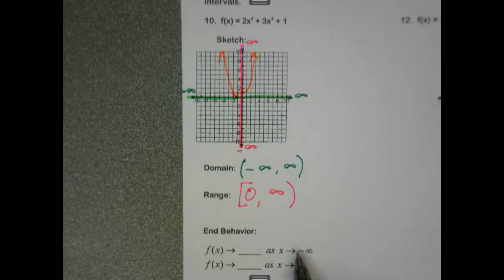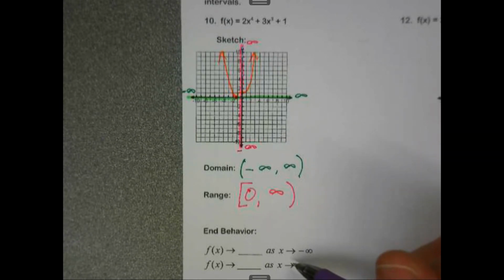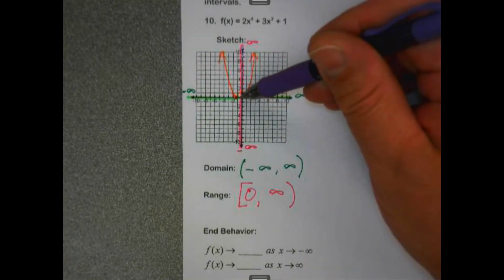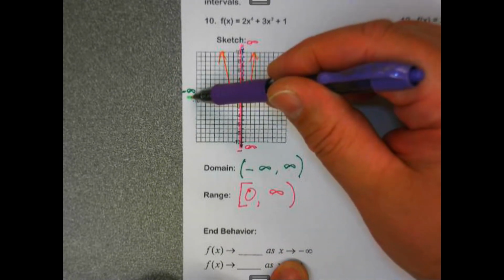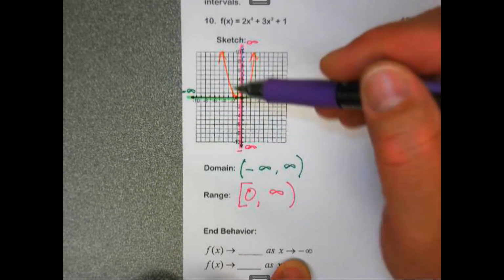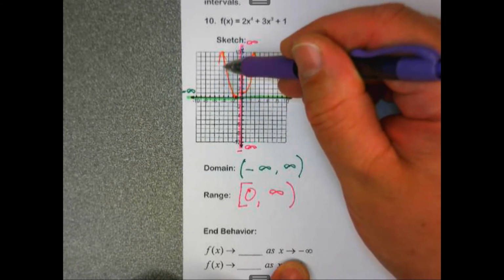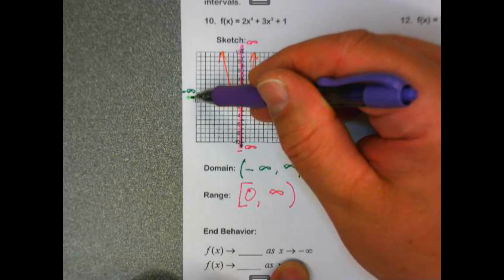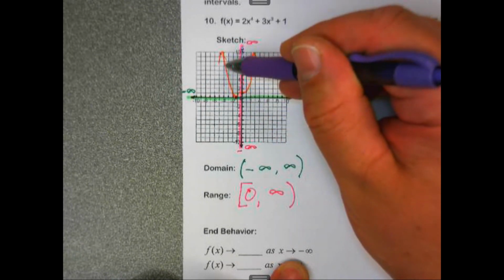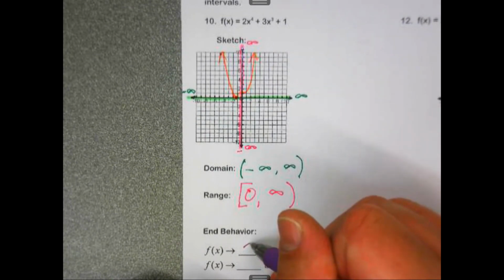And the last thing we have to do, determine the end behavior. So I start at the origin. As x approaches negative infinity, what happens to my y values? Well, my y values, as I go here, are going to go to positive infinity.